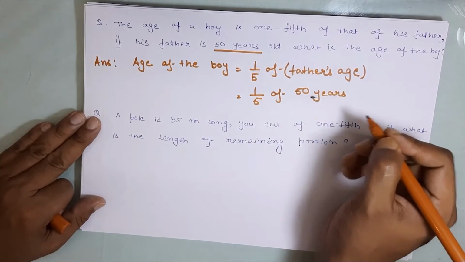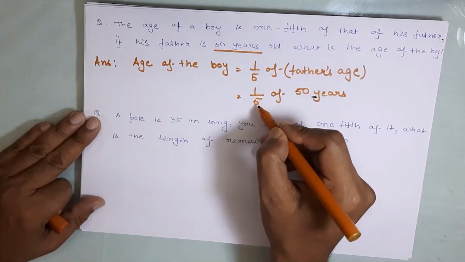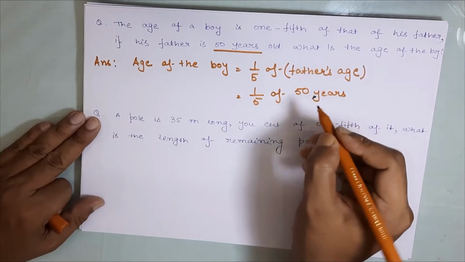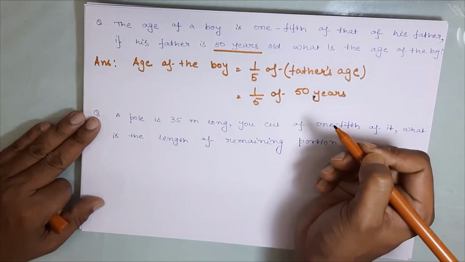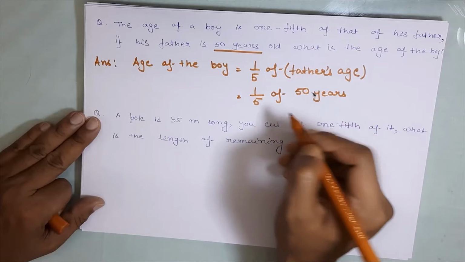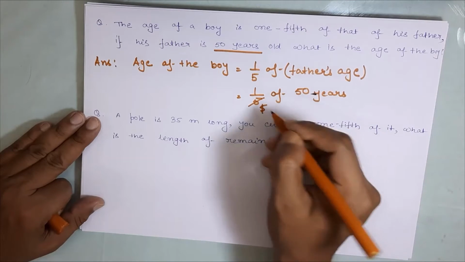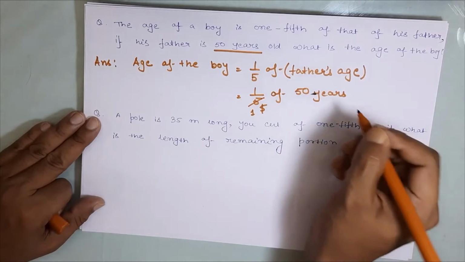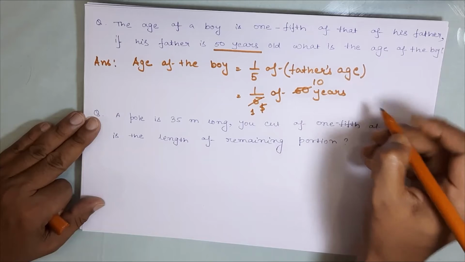And how do we solve this type of problem? We divide the whole and the denominator by a common factor. Here 5 and 50 are both divisible by a common factor, which is 5. If I divide 5 by 5, we get 1. If I divide 50 by 5, we get 10.